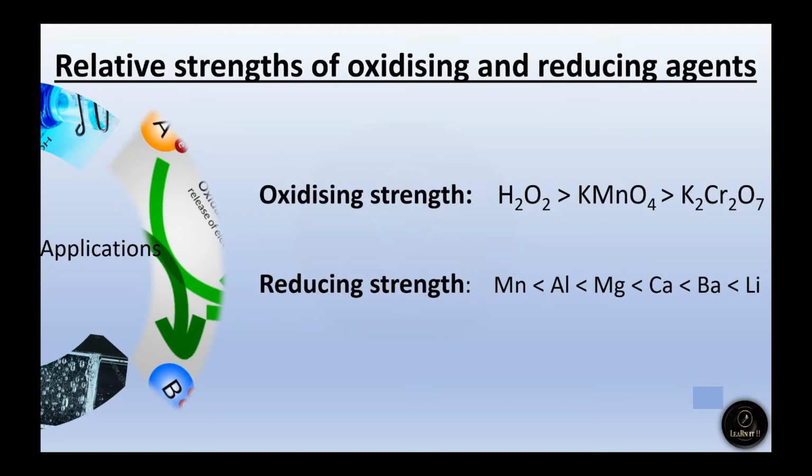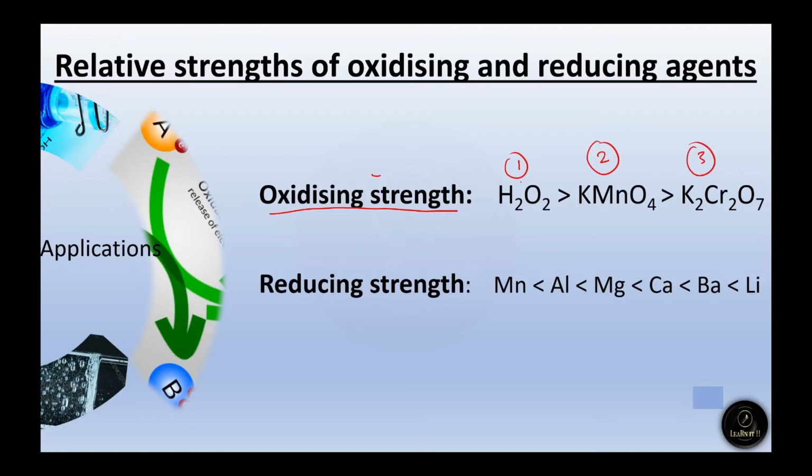We can predict the relative strength of oxidizing and reducing agents by using the electrochemical series. Here it is already given that the oxidizing strength is in the order of H2O2 first, then KMnO4, then K2Cr2O7.